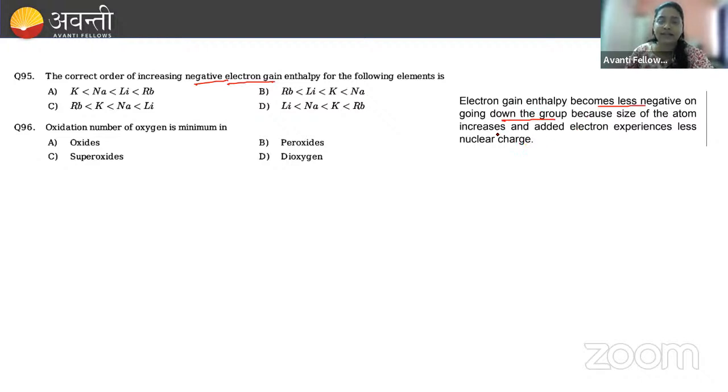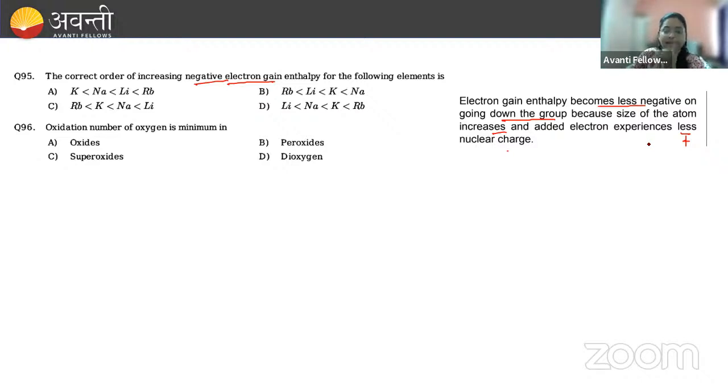Because the size of the atom increases and the added electron experiences less nuclear charge, and that's why it decreases as we go from top to bottom. An extra shell is added, so the size of the atom increases, and this added electron experiences less nuclear charge. That's why it has less negative electron gain enthalpy.